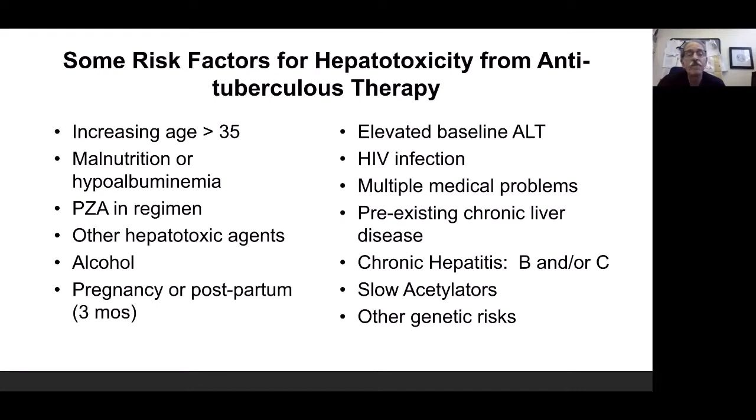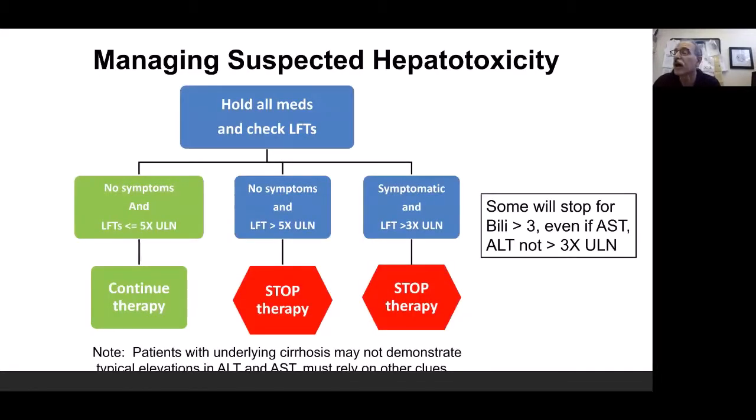And then there are genetic factors that are a little bit harder for us to predict, at least at this point in time. And this is sort of the general schema that we've already talked about when you would hold treatment. In general, these are when their transaminases are elevated 3 times or 5 times the upper limit of normal.